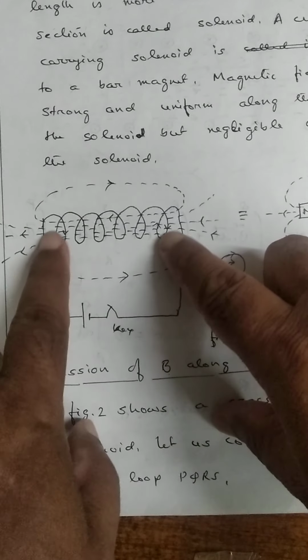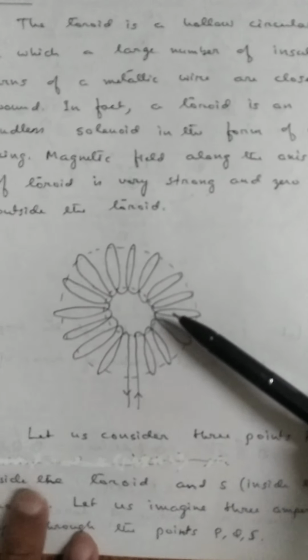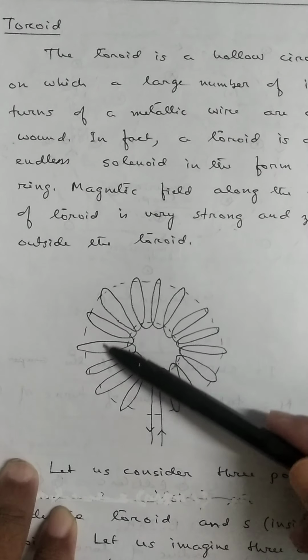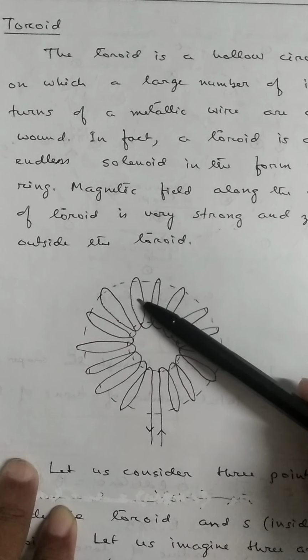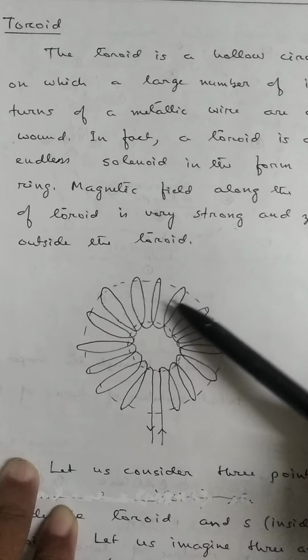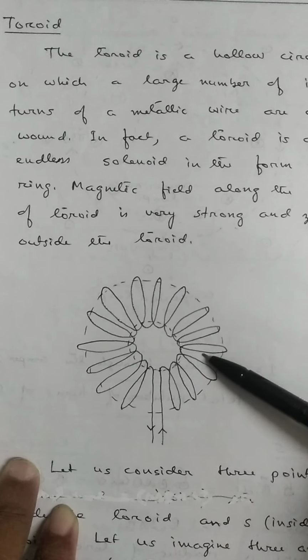So therefore, we bend the solenoid in the form of a circular ring, so that we get this particular structure. Here, magnetic field is very strong, and magnetic field here and here is 0, because not a single line of force comes out of the toroid.